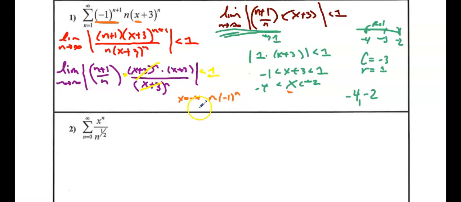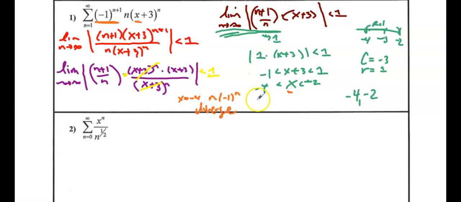So you will see that this is an alternating series test. In order for this to converge, the limit has to be equal to 0. Well, this limit clearly does not equal 0. It goes to infinity, so this is going to diverge.